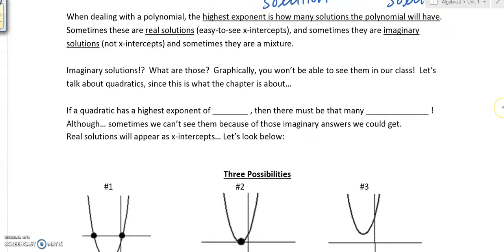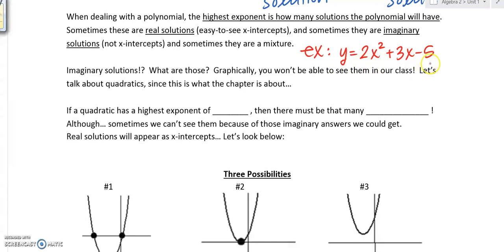Okay, when dealing with a polynomial, the highest exponent is how many solutions the polynomial will have. Let's write an example and see if you understand it this way. If I gave you an example and I said y is equal to 2x squared plus 3x minus 5, and I said, just from this, I know how many solutions we have.